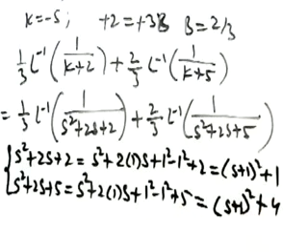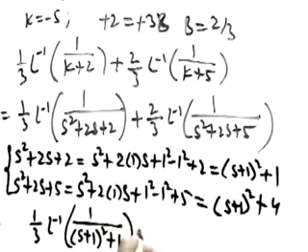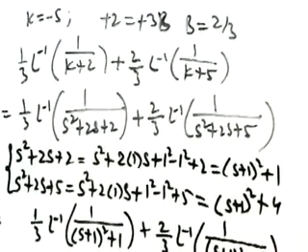So we can change this one. So what is left here? This can be written as 1 by 3 into Laplace inverse of 1 divided by s plus 1 whole square plus 1, plus 2 by 3 into Laplace inverse of 1 by s plus 1 whole square plus 4, which can be written as 2 square.